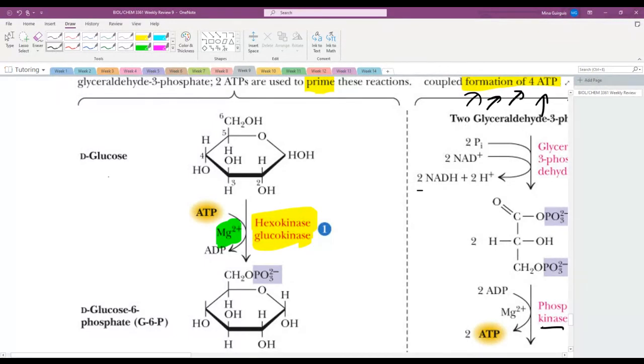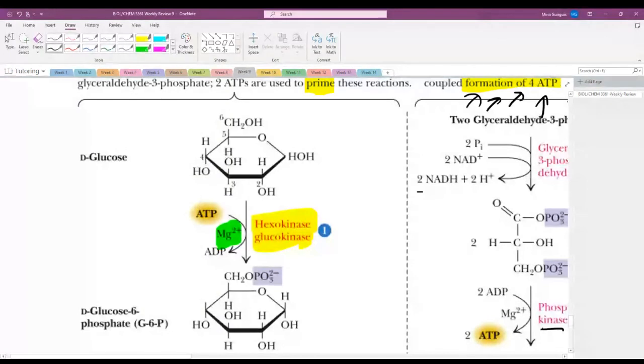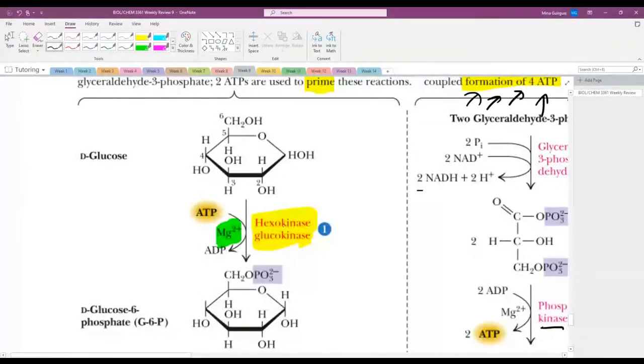D-glucose is phosphorylated using hexokinase or glucokinase. If you remember from week 6 or week 7, when we learned about the 6 types of enzymes and then went into a little more detail, we talked about phosphate being kind of the king of controlling physiological conditions.